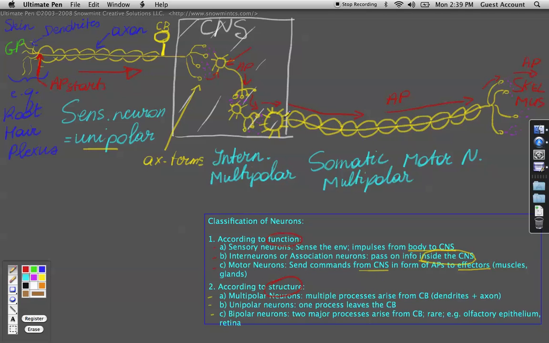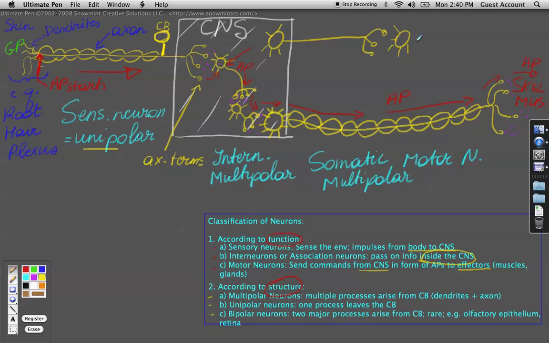And then we have our typical somatic motor neuron going to skeletal muscle. That is also going to be multipolar. With time, you're going to see that autonomic motor neurons look similar to this, except you're always going to see, I may as well draw this, I guess, that in the case of autonomic motor neurons, we're going to see two neurons in a row. You'll learn about that eventually towards the end of the semester.